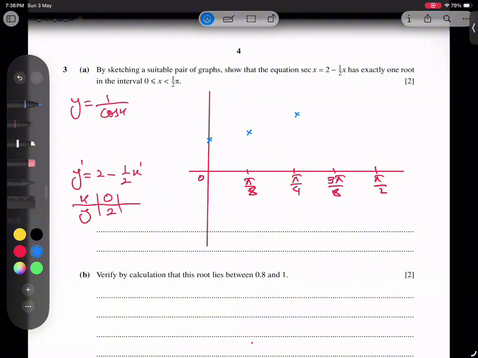When 3 pi by 8 comes here, it's 2.6, so more rise. And when pi by 2 comes, 1 by 0. Cos pi by 2 is 0, and 1 by 0 is infinity, so I will get an asymptote here. The graph goes this way and this way, continuing like this.